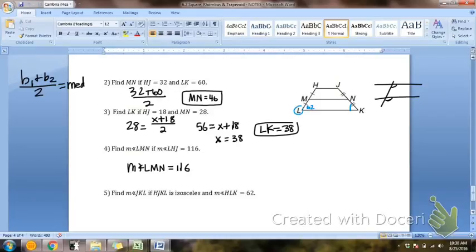L and K are base angles. And what do you know about base angles in an isosceles trapezoid? Look back at your notes. Base angles are what in an isosceles trapezoid? They are congruent. So if HLK is 62, how much is JKL? Also 62. So the measure of angle JKL is 62.